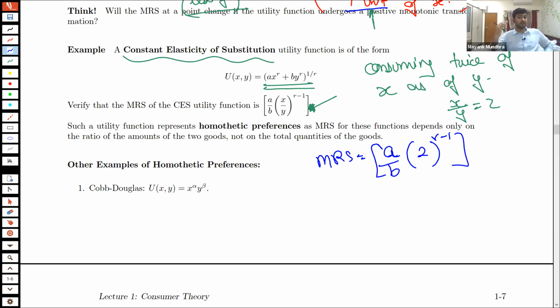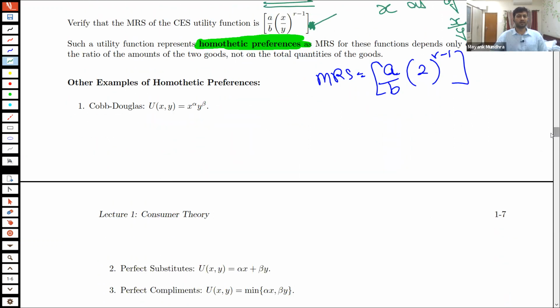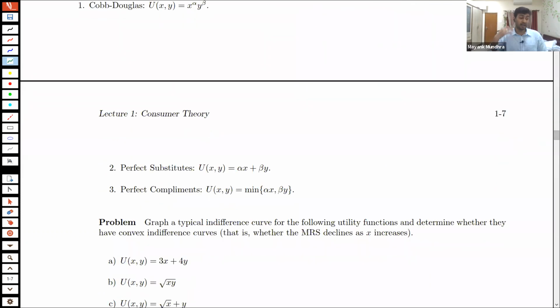Just the ratio of x and y is sufficient to find MRS. So such preferences are called homothetic preferences. Homothetic preferences are the ones in which you can find the MRS if you have just the ratio of x and y, and you don't actually need the absolute values of x and y to find the MRS. Why are they called homothetic preferences, and why are they important? I'll come to it in a bit.